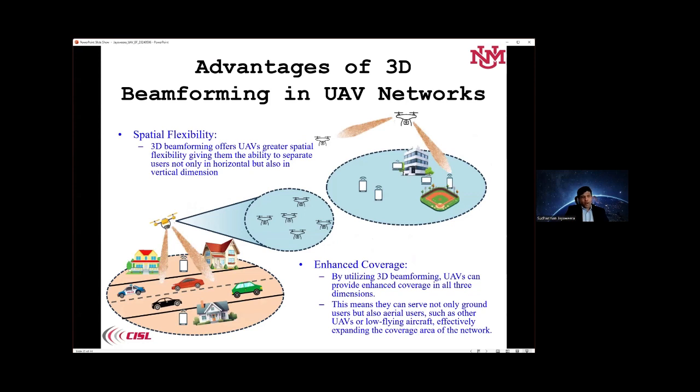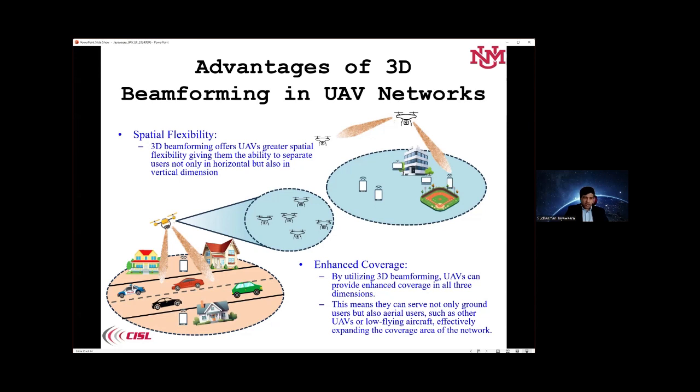Now, why would we consider 3D beamforming with UAV networks? There are many uses, but two broad advantages are the spatial flexibility and the enhanced coverage.